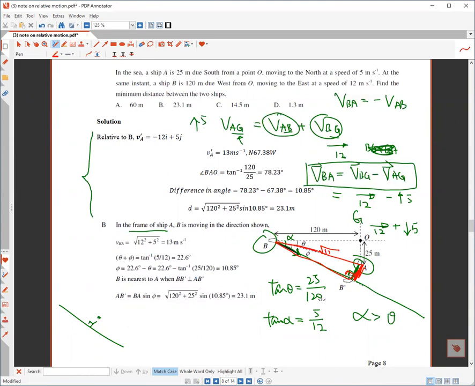By using the Pythagoras theorem you can find the hypotenuse, and then for this angle, which is alpha minus theta, labeled as phi, alpha minus theta equals phi. Then just by using trigonometry, you can solve the distance. Then you get the same answer as what we got before, so it's 23.1 meters.